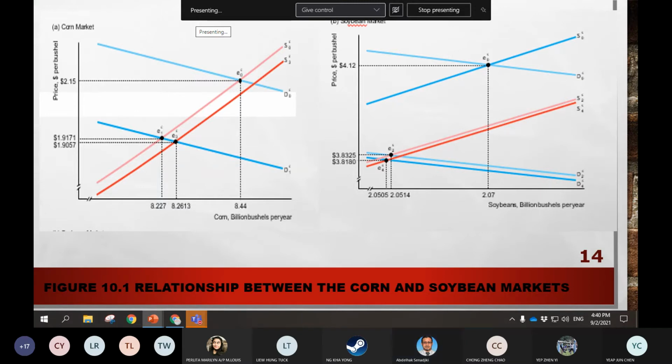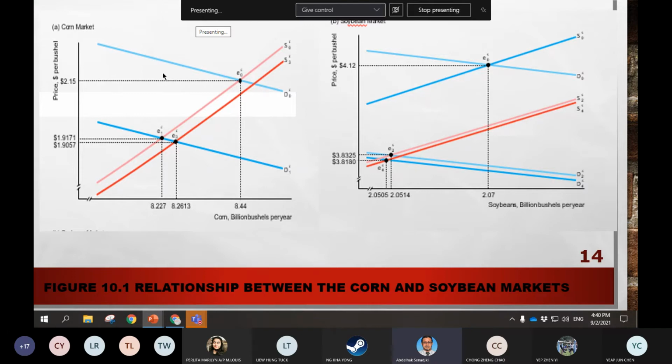Since people shifted from consuming soybean to consume corn because the price of corn decreased, then here what happened is the demand curve for soybean shift to the left from D0 to D2 here. And also we'll have a change in the supply of soybean, because farmers produce more soybean.